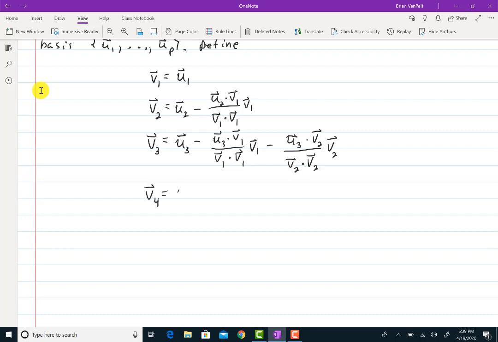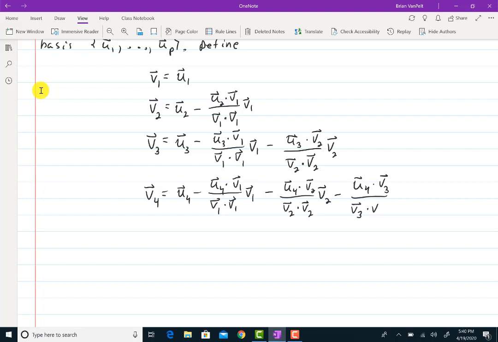V4 will be U4 minus U4 dot V1 all over V1 dot V1 times V1 minus U4 dot V2 over V2 dot V2 times V2 minus U4 dot V3 all over V3 dot V3 times V3.